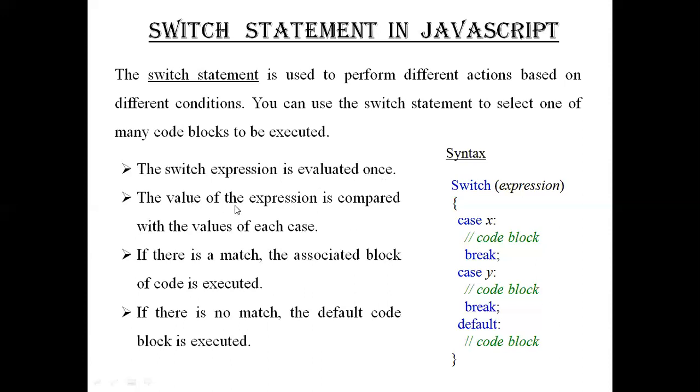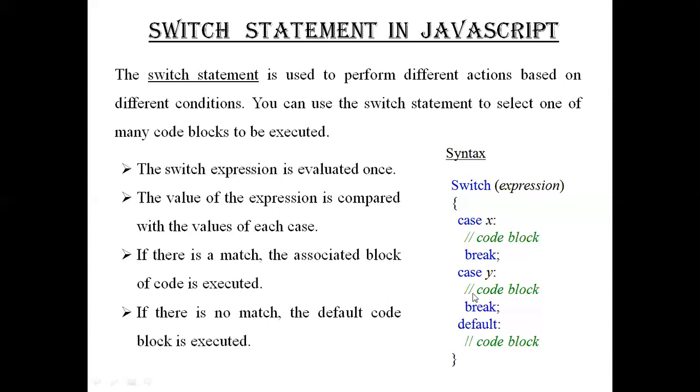The value of the expression is compared with the values of each case. When we take a program example, you will understand this. If there is a match, the associated block of code is executed. There are many conditions. If X, Y, Z, three blocks are there, and the X code matches your condition, then the break will take your control out.